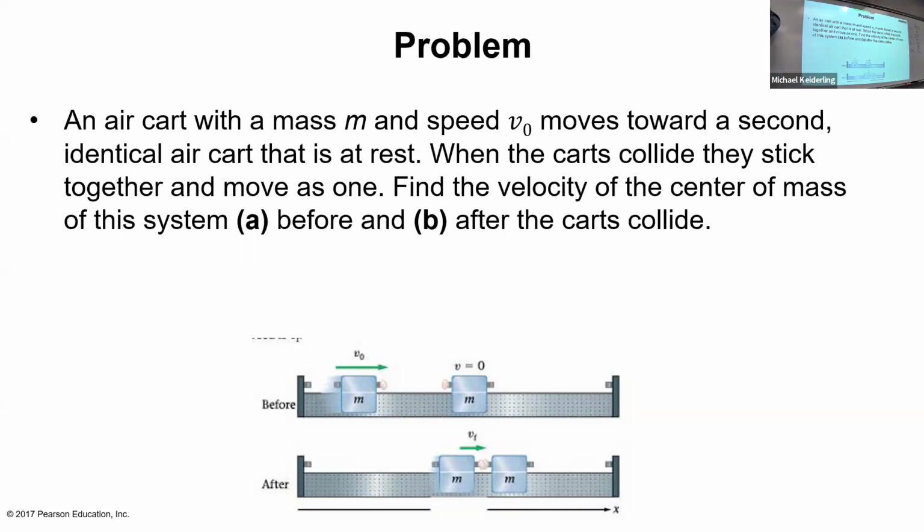Momentum initial equals momentum final. So for an inelastic collision like this, that'll be mass 1 velocity 1 plus mass 2 velocity 2 equals mass 1 plus mass 2 times velocity final.